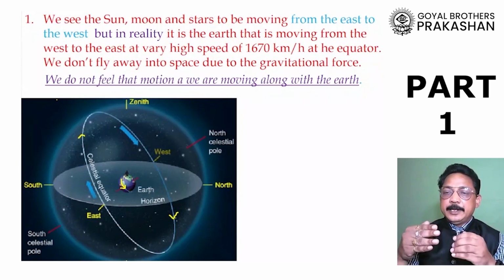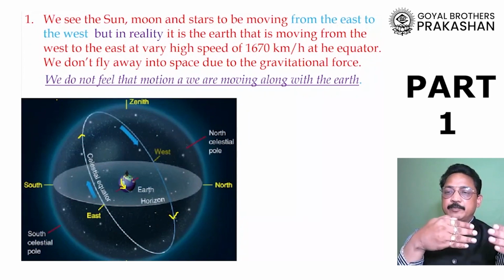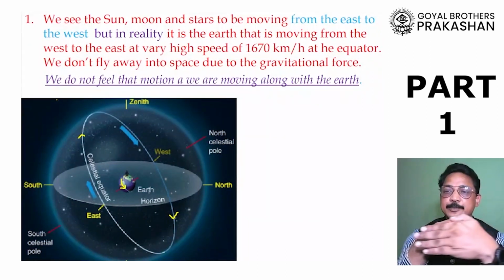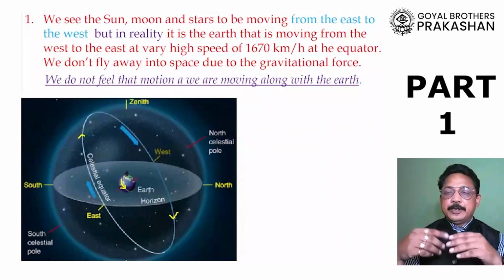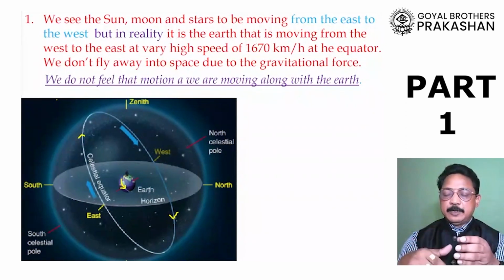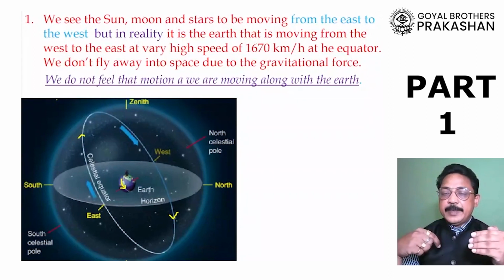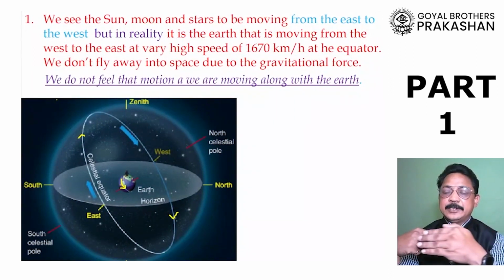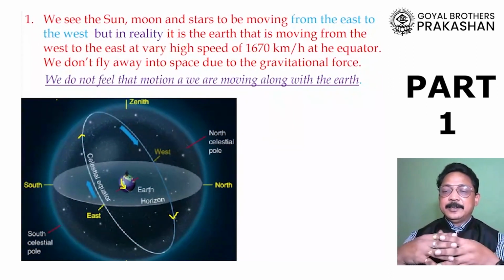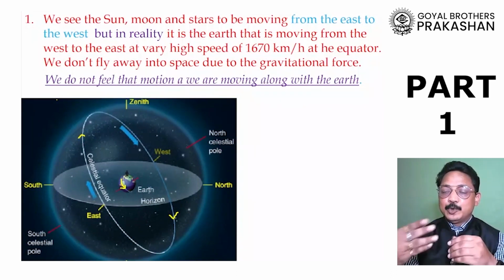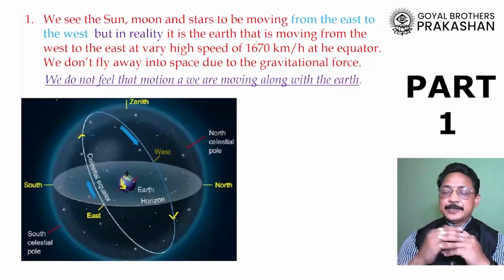If you are traveling in a train and your train is moving in this direction, you find the trees moving in the opposite direction. If you are in a bus or any vehicle and you look outside, you find the people and the objects on the road moving exactly in the opposite direction, or you get a feel that they are in motion and you are stationary.